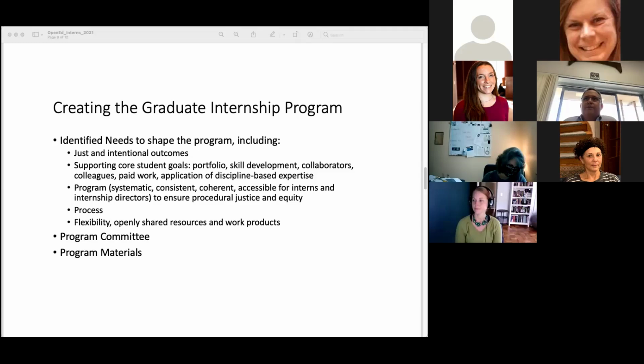The first of these are students, and they need a portfolio of work experience based on the application of their discipline-specific expertise. They need collaborative work experience, skill development, paid work, and collaborators and colleagues.